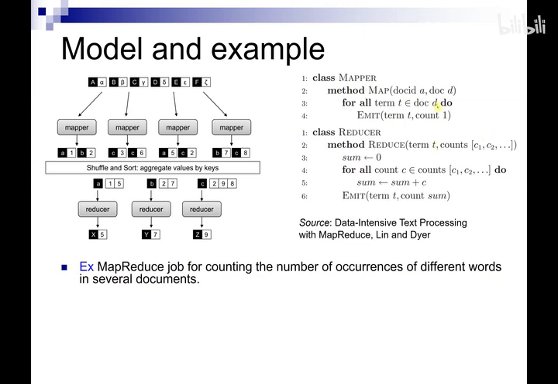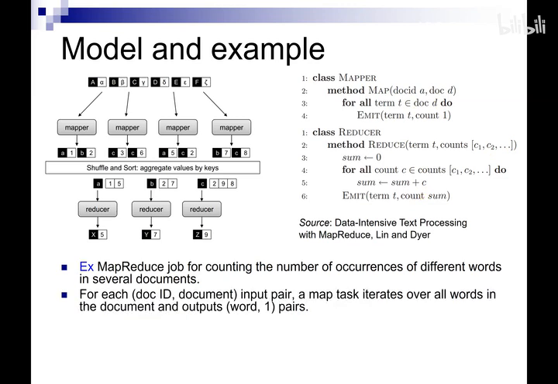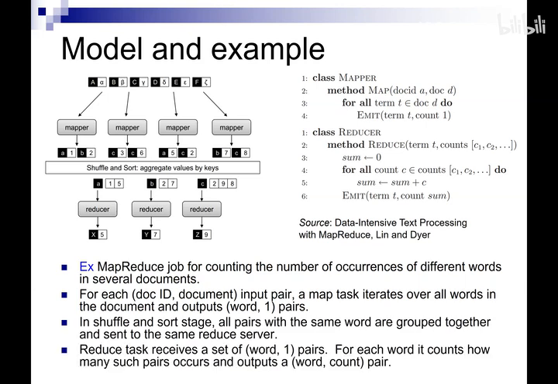Anytime you saw the word cat, you output cat, 1. The reducer would get counts for all the occurrences of cat, add them up, and that's the total number of times that cat occurred.